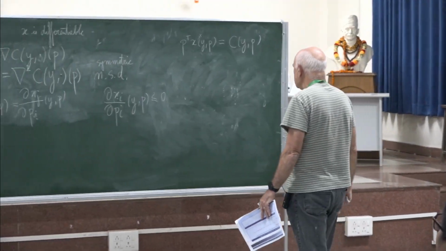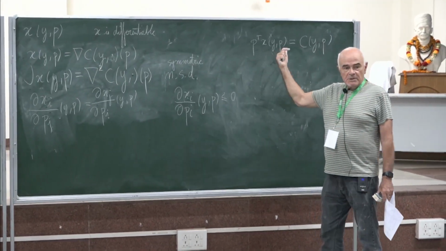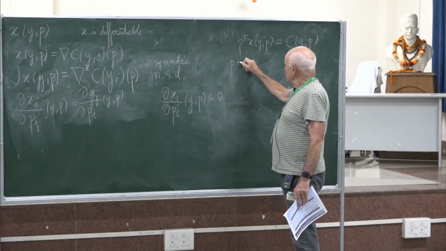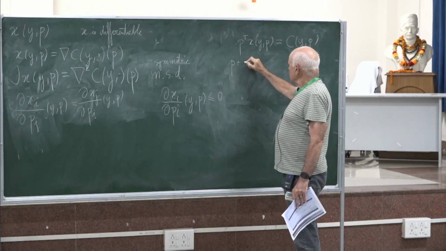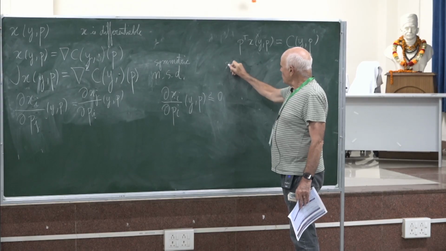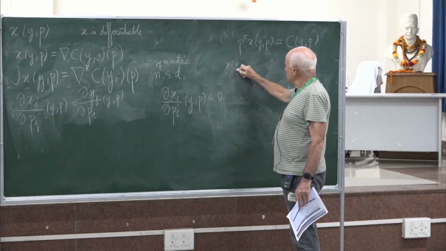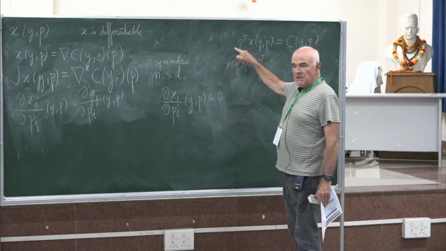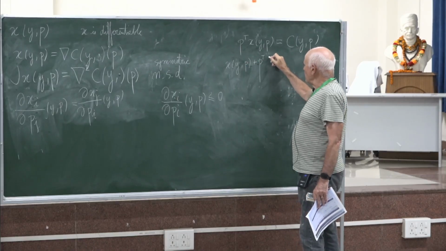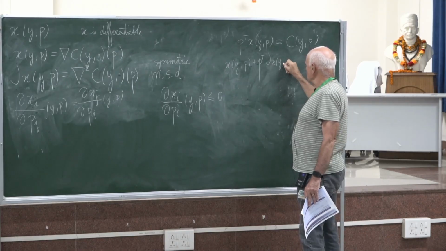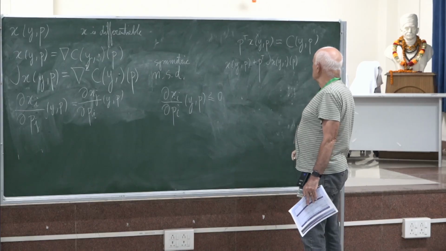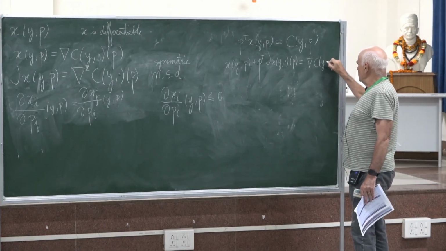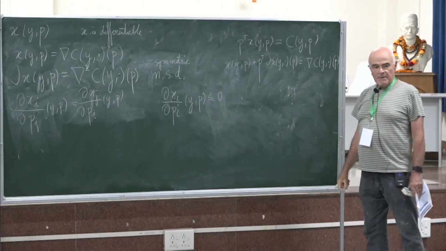Well, so from this equality, take derivatives. We have here a product, so we get x(y,p) plus p transpose, I'm taking derivatives with respect to p, plus p transpose the Jacobian of x, equal to the gradient of C(y,p).